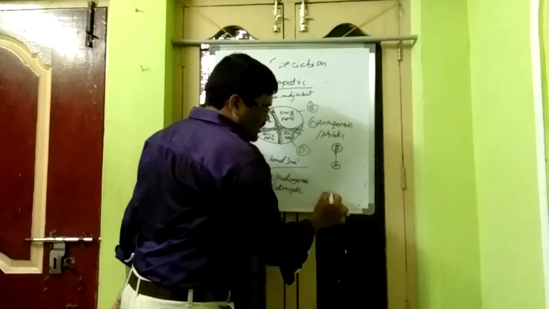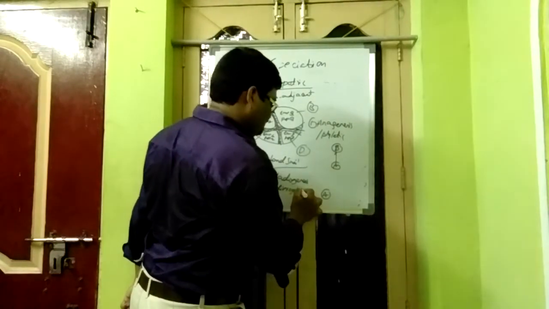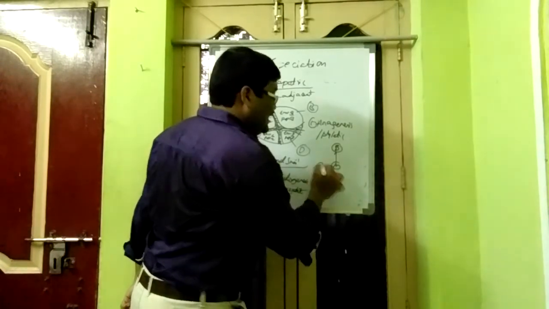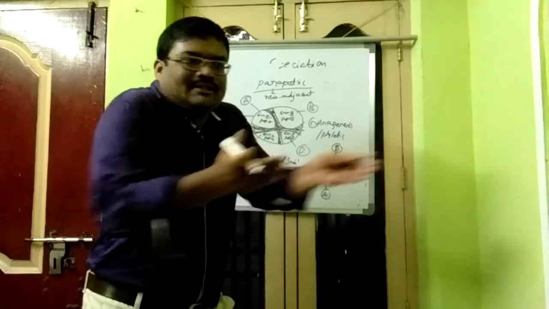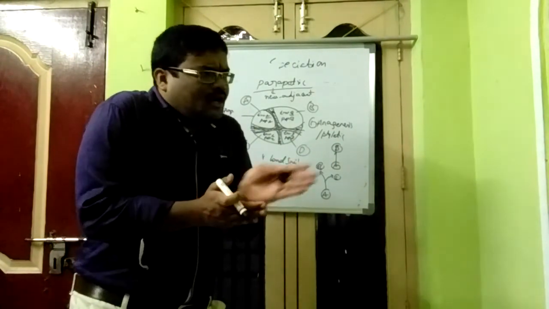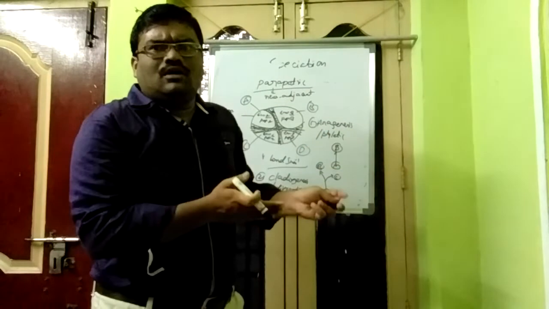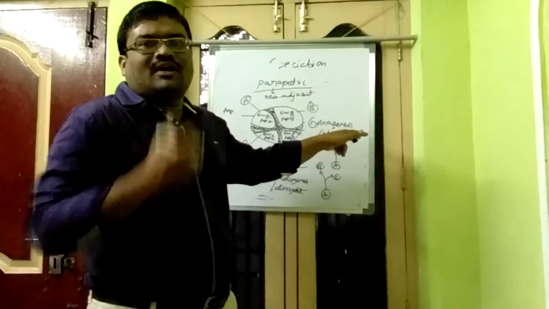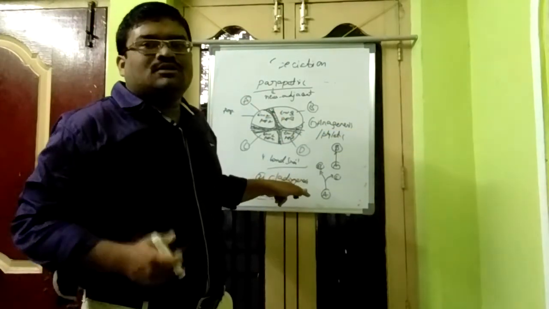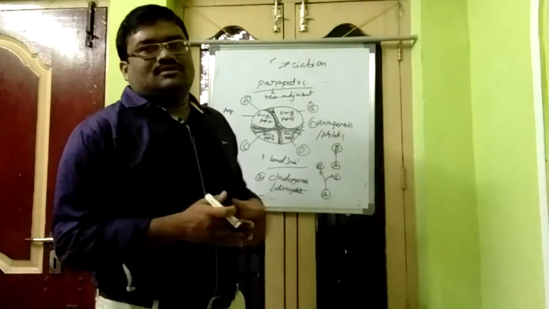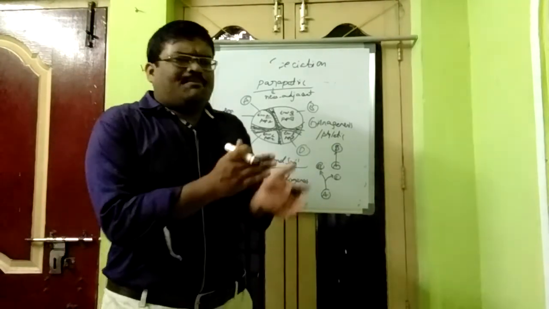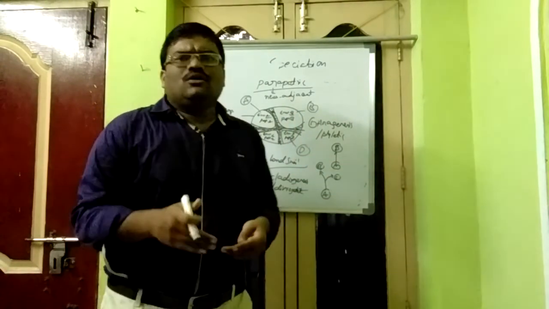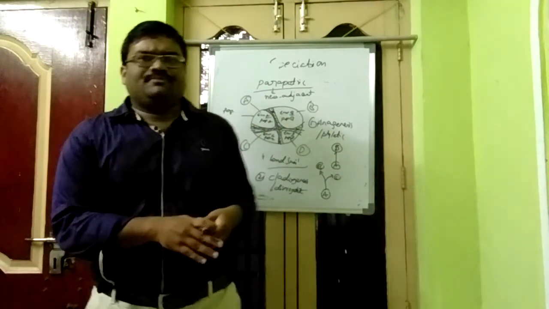Simply, a species A evolves into two subclades, say B and C. They differentiate, that means one particular species becomes B and C also. That is divergent evolution. So anagenesis is one species evolving into another species, whereas cladogenesis is divergent evolution, where one species becomes two or more populations. In layman's language, a process wherein one species evolves into one or more species is speciation. Okay, we'll discuss some other topic in some other class. You may subscribe.